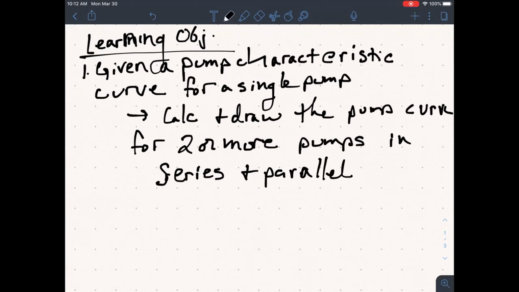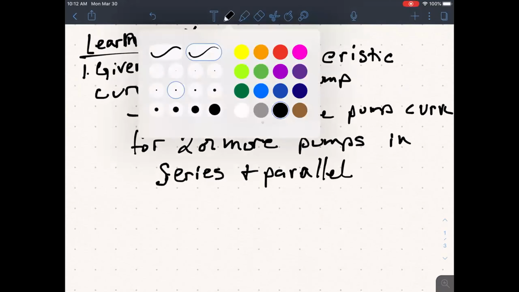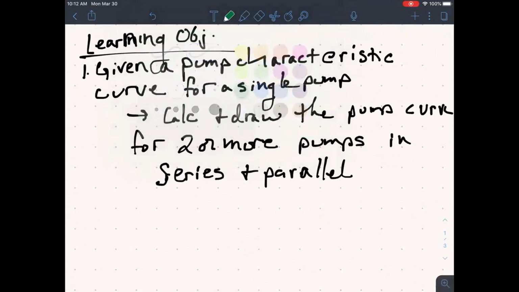We're basically going to be figuring out what it means when you put two or more pumps in series and in parallel, and what that does to the pump curve. Let's define what series and parallel are real quick. Pumps in series: we have a pipe, we have a pump, and then we have another pump.